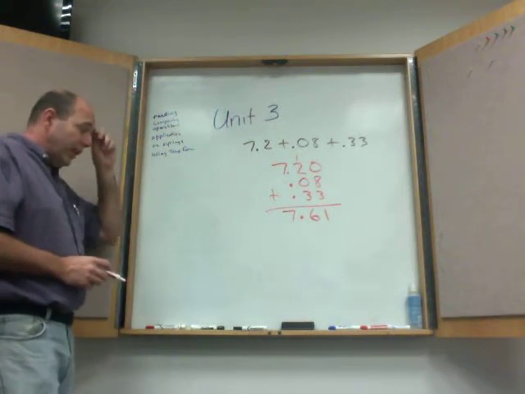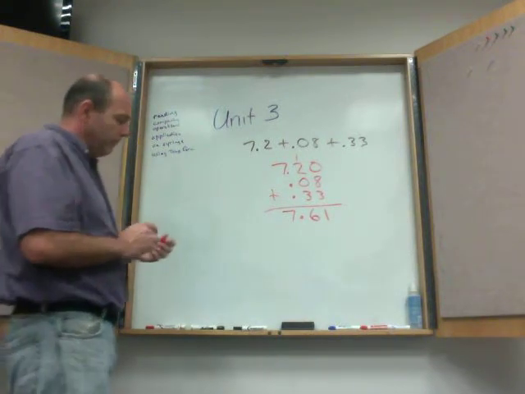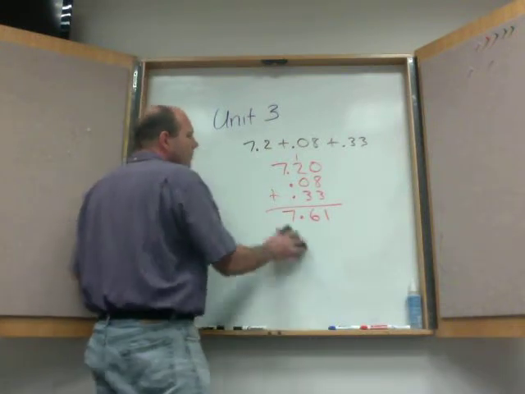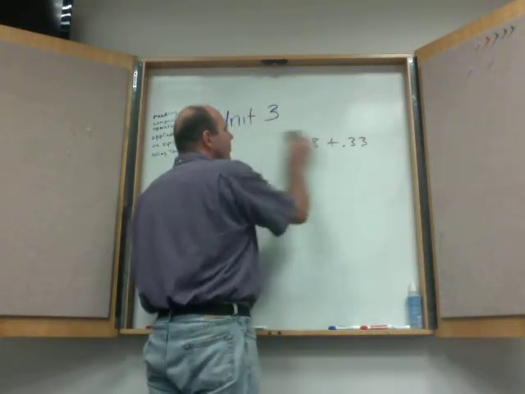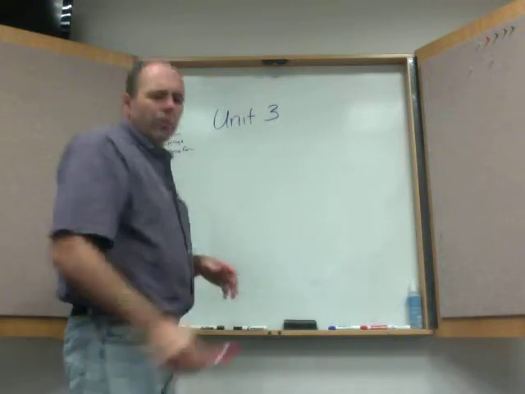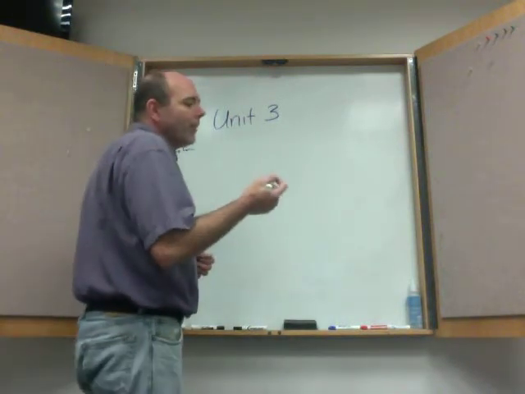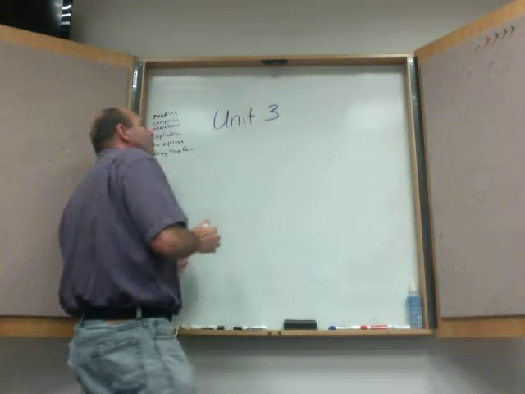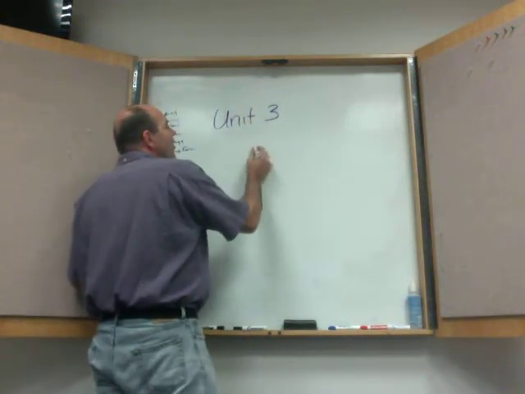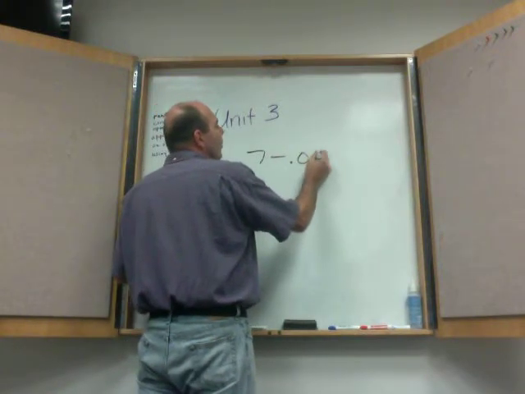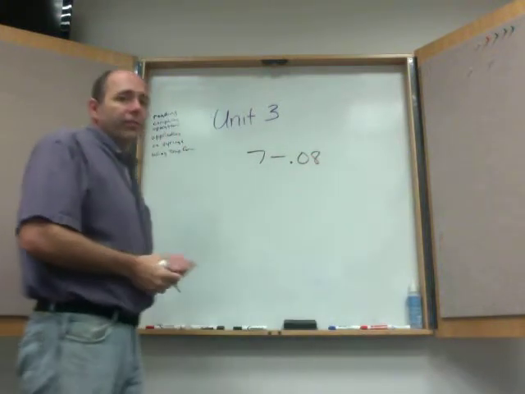It's the same thing if I'm doing subtraction. Let's look at a little bit of a tougher subtraction problem, because they're not always that nice and easy, as some of you probably know by now. If I'm looking at, let's say I have 7 minus 0.08 or 8 hundredths.